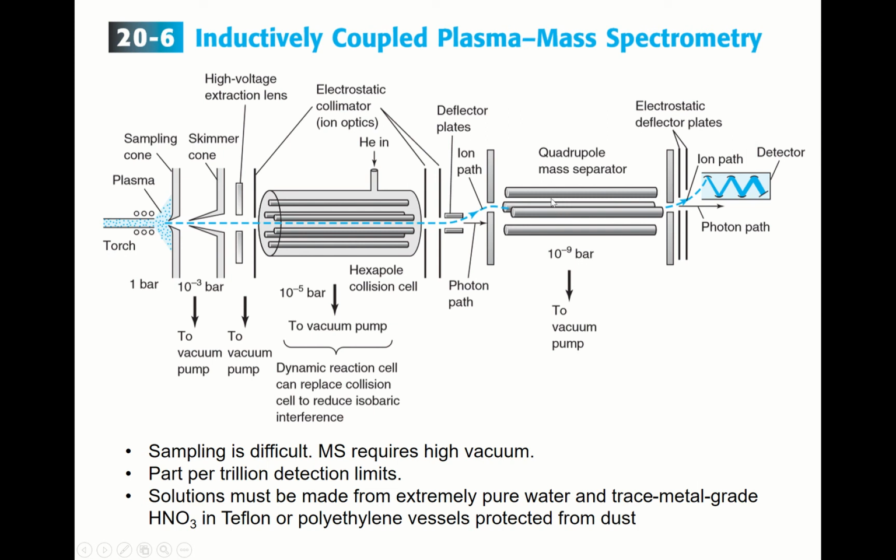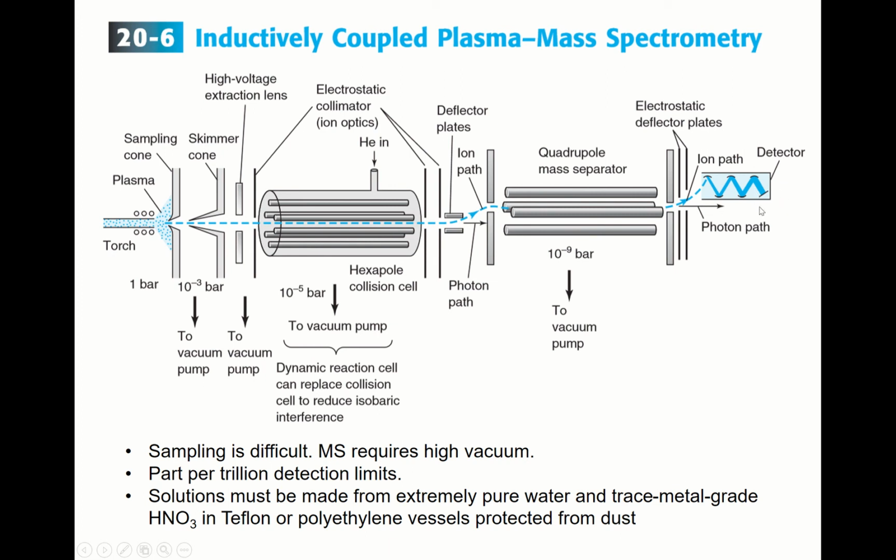To operate this separator, you need a higher vacuum, 10 to the minus 9 bar. Here the ions are separated. Many ions enter this quadrupole mass separator, and then they exit, and the exiting ions are detected by this detector.